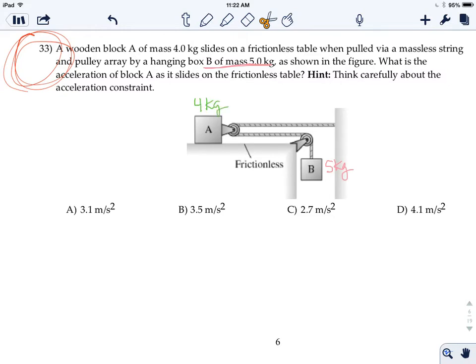Okay, so our tension forces always go away from the object. This one has 2 tension forces on it, and this one has 1 tension force on it. So that's our force tension.